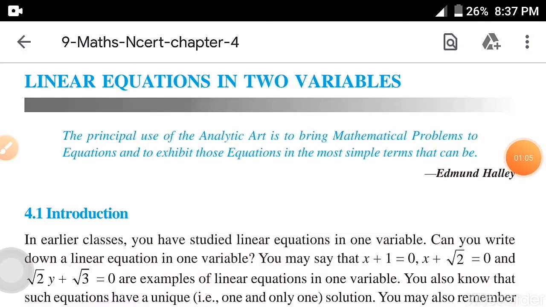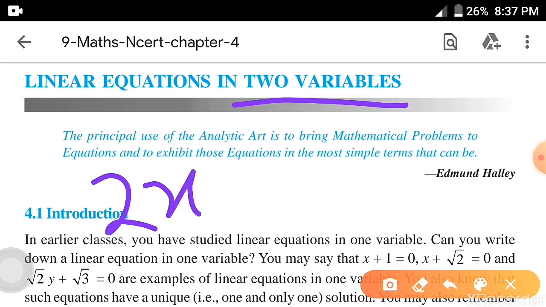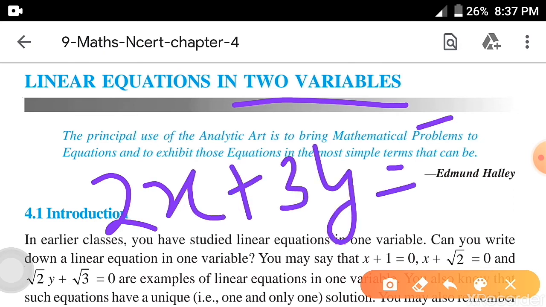Now see, that was a linear equation in one variable. Now what is meant by two variables? Two variables means if I write 2x plus 3y is equal to 7, you can see that in this there are two variables x and y, and the power is 1.